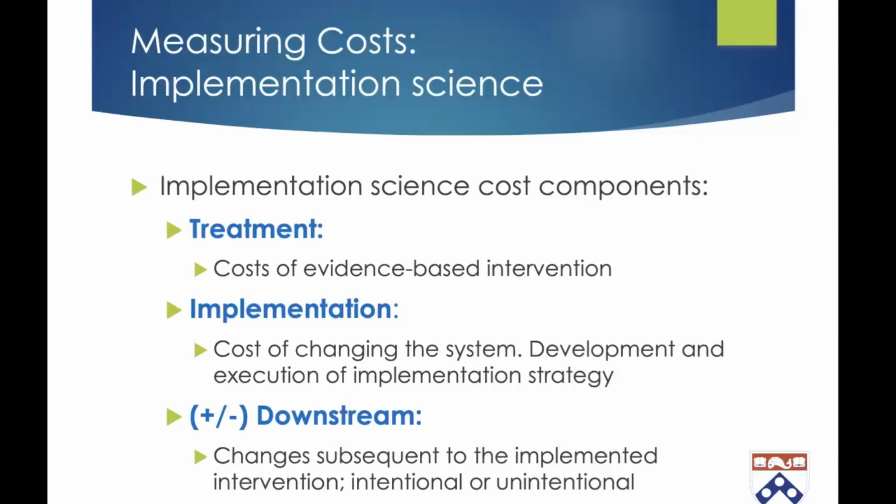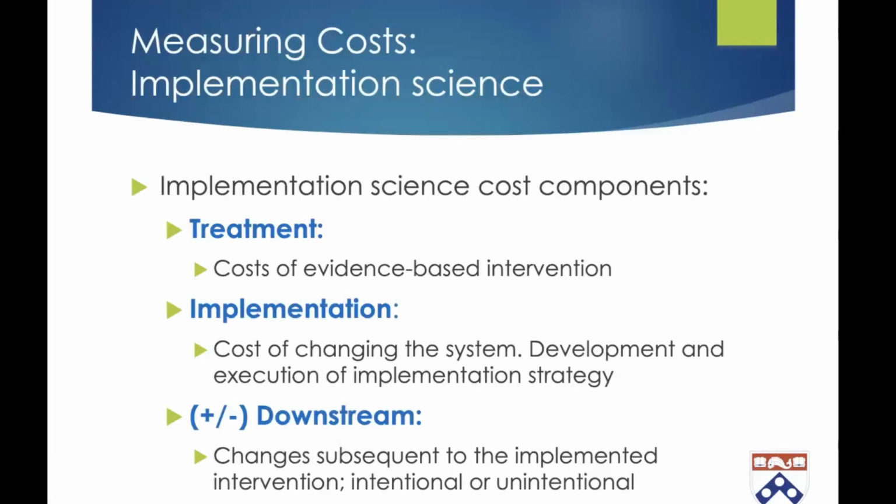So those two costs need to be evaluated and summed separately. And the approach to determining these costs is going to be different. The methods for calculating implementation costs, which I'll get to, can be different. And then also plus or minus downstream costs.